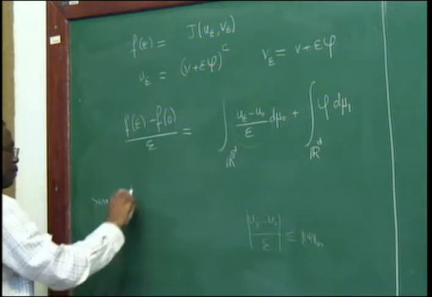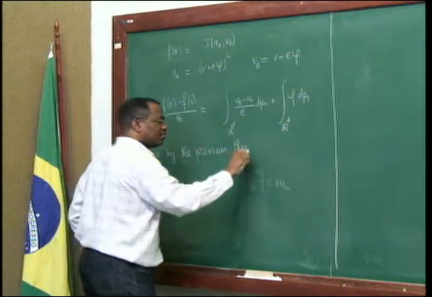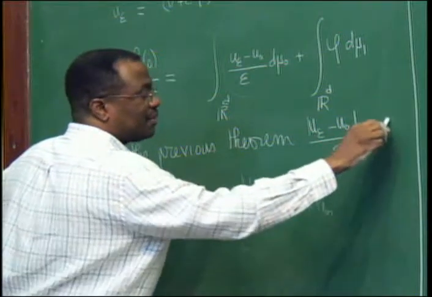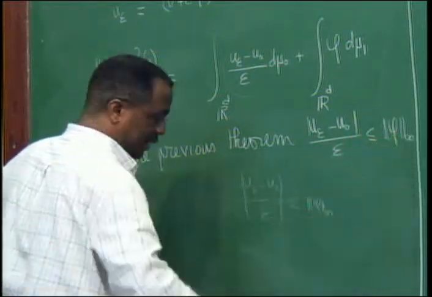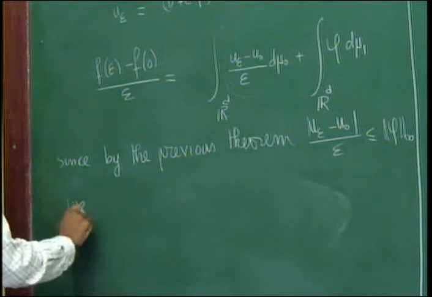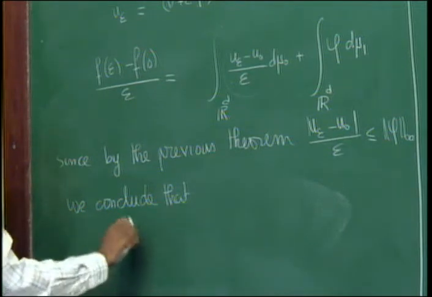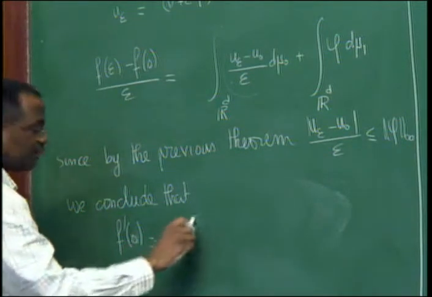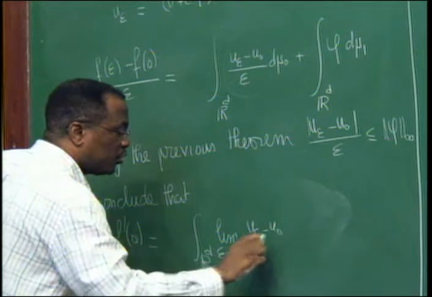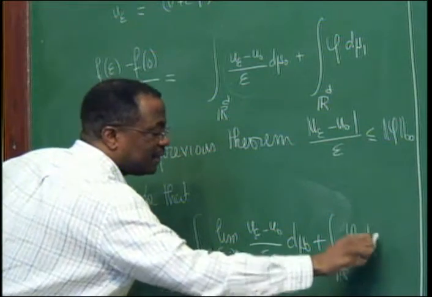Since, by the previous theorem, u epsilon minus u naught divided by epsilon is less than phi infinity, we conclude that f prime of 0 is the integral over Rd, the limit when epsilon goes to 0, u epsilon minus u naught over epsilon d mu naught, plus the integral over Rd of phi d mu 1.